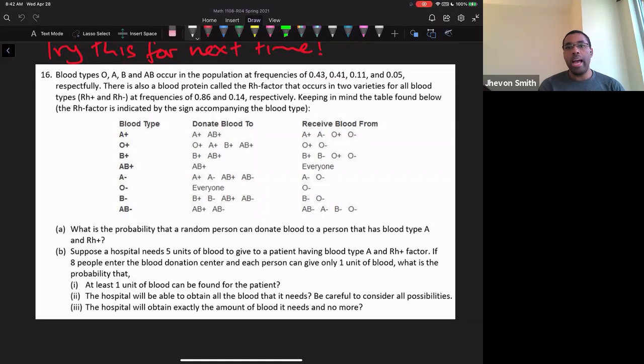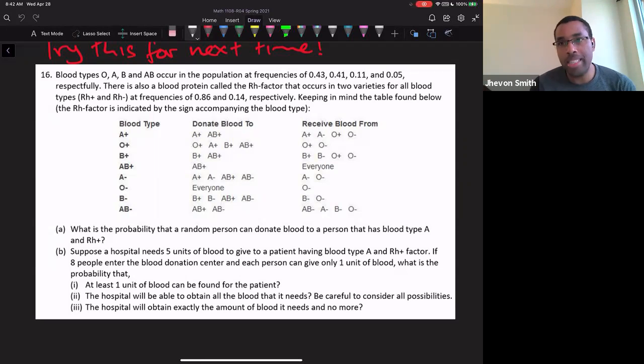Also, we have a chart here that tells you who could donate blood to who and who could receive blood from who. So for example, if you have an A positive blood type, then you can donate blood to someone who has an A positive or an AB positive blood type. So when you go to be a blood donor, you have A positive, your blood would help someone who's of A positive or AB positive.